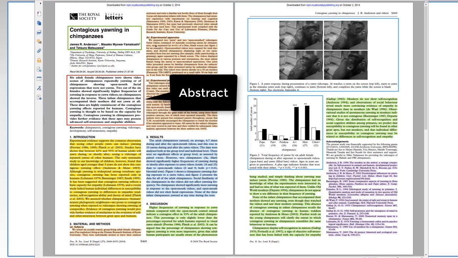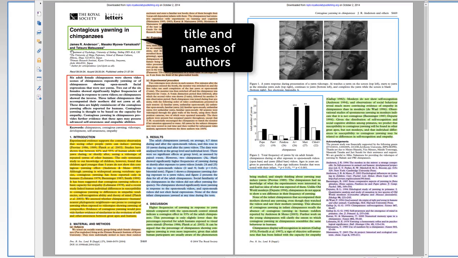Before the introduction, up here, you see that we have the abstract. The abstract is one paragraph that explains the main point of the study. And before that, we have, of course, the title and the names of the authors. Okay, here we have three authors: Anderson, Miyawa Yamakoshi, and Matsuzawa.